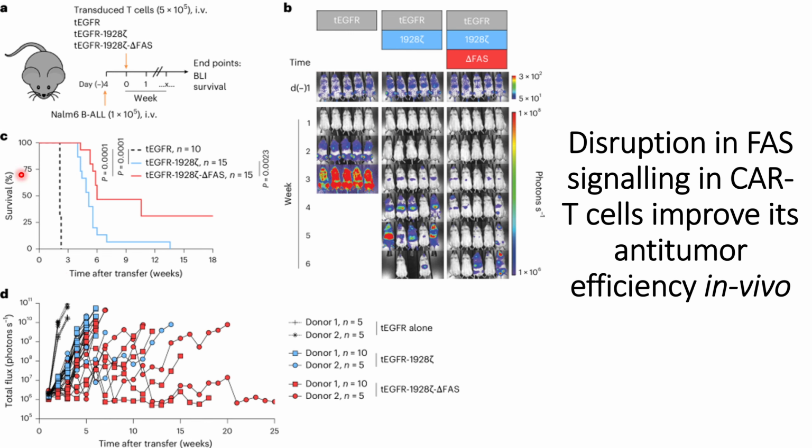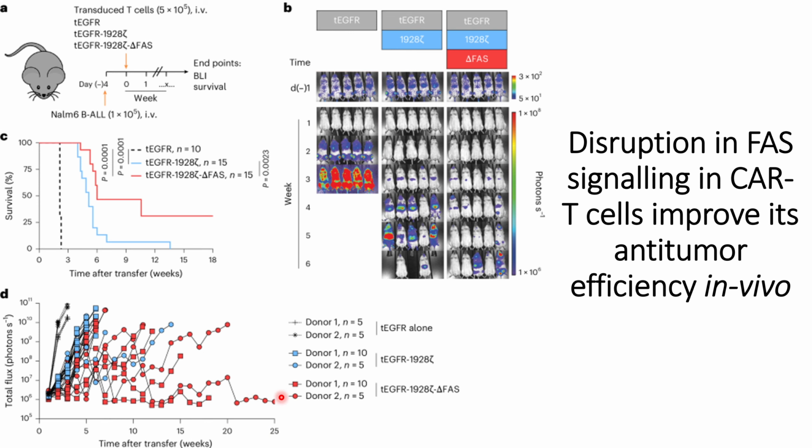And these results are shown in panel C, where the mice are transduced with one donor, and for both the donors the survival rates are shown in panel D, where we can see that for both donor 1 and donor 2, survival rates are higher when they are transduced with CAR T cells with intracellular domain and FAS signaling disrupted.